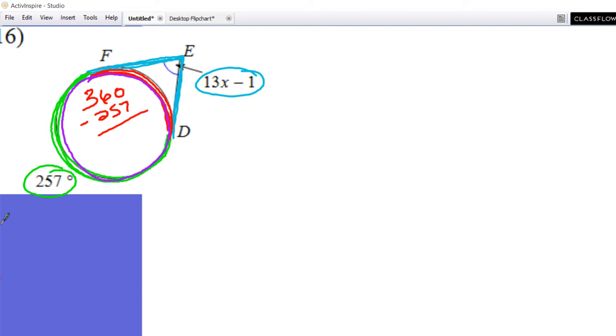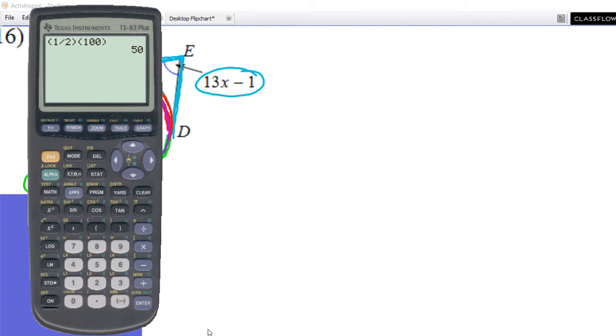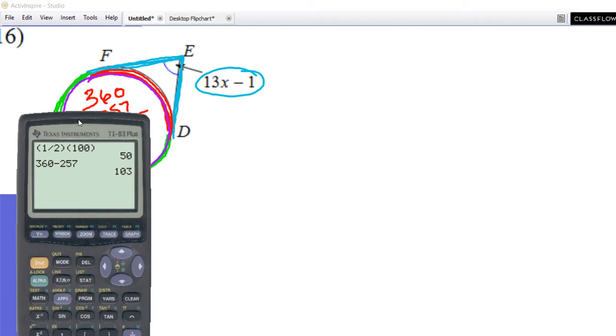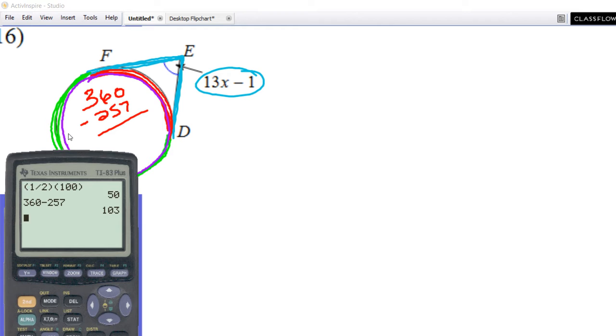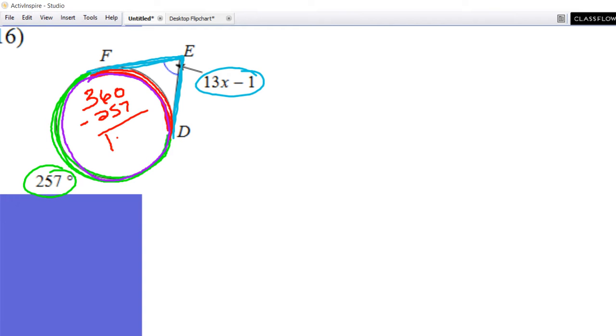So let's go ahead and do that. We're going to be doing 360 minus 257. So we have 103. So my arc is going to be 103. Now I have all three parts and we can start solving with our formula.